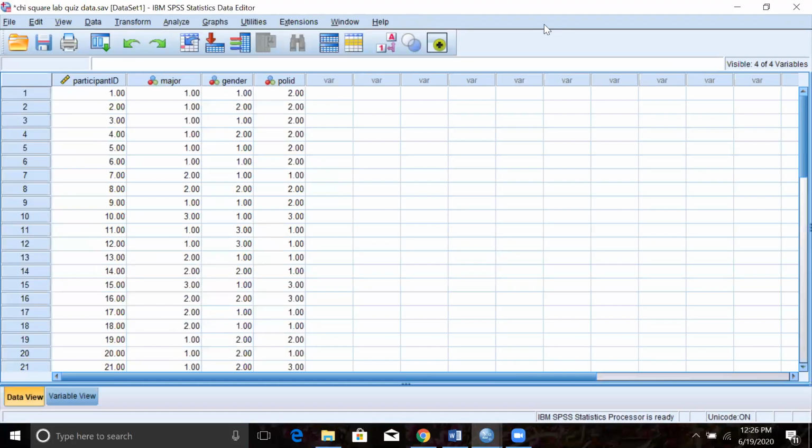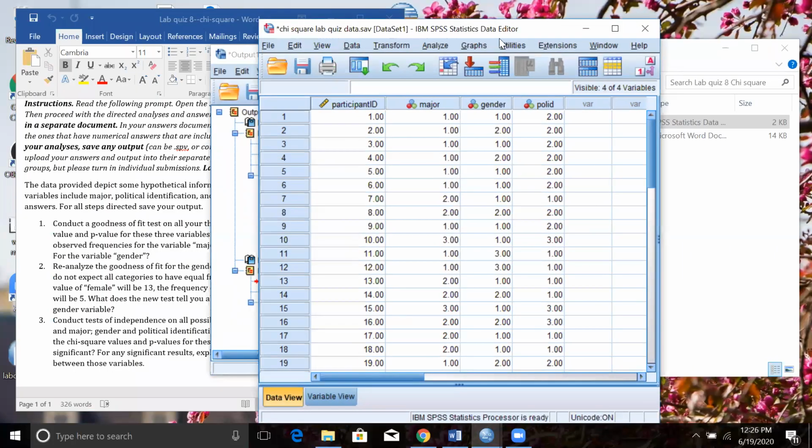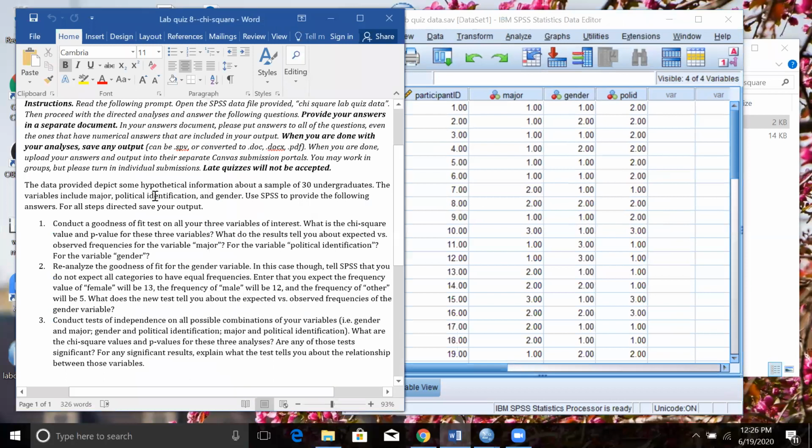So then we're lastly going to run our tests of independence, otherwise called a two-way chi-square, on all possible combinations of our variables. Like I said, a chi-square will let you look at the association between categorical variables.